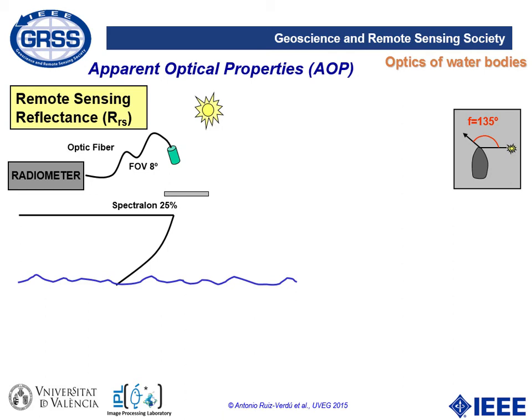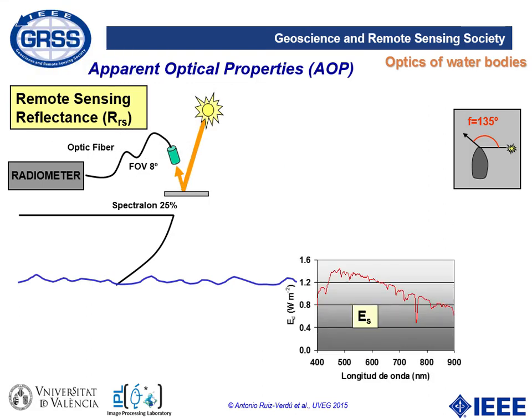We typically use a gray plate for measuring the incoming radiance, and this way we optimize the dynamic range of the radiometer, because reflectances of water bodies are typically low.